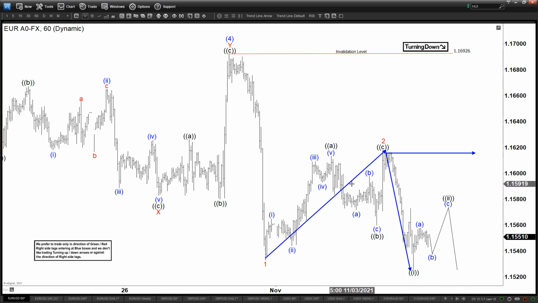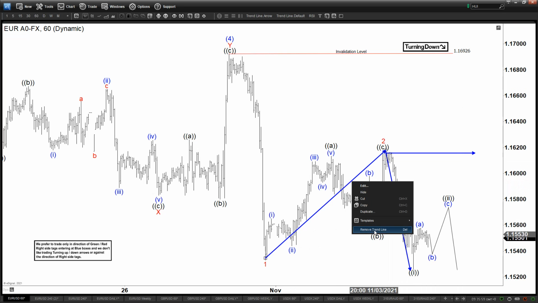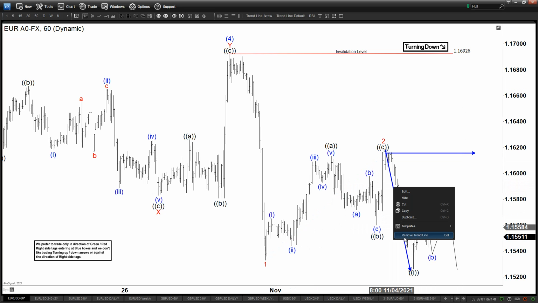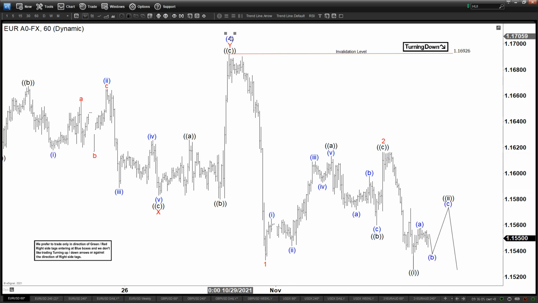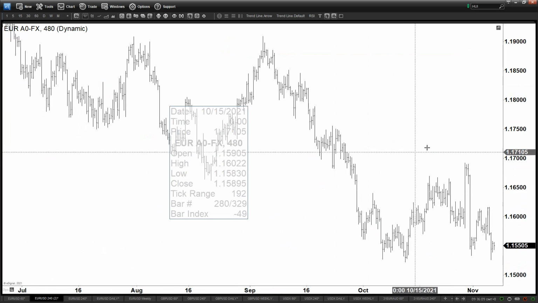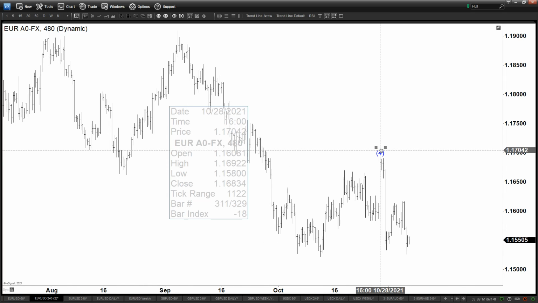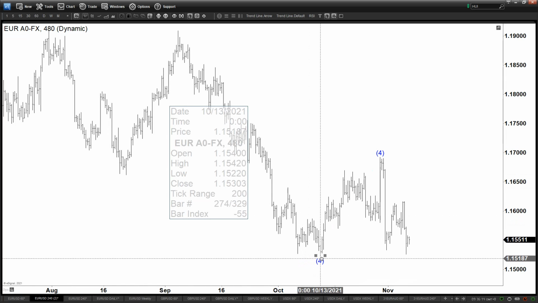Okay, now let's take a look at the larger degree in the 4-hour and see where we are. Let me put down wave 4 in the 4-hour here. This is your 4, so that means this has to be your 3 right here.